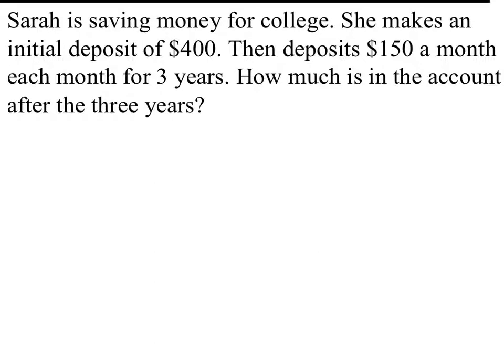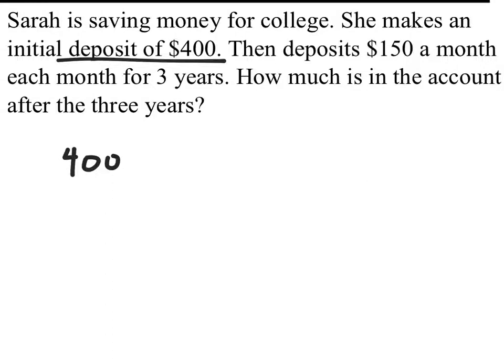On this one, Sarah is saving money for college. She makes an initial deposit of $400, then deposits $150 a month each month for 3 years. How much money is in the account after the 3 years? Well, we're going to start with the original deposit. So she's going to start with $400 just by putting that into the account originally.